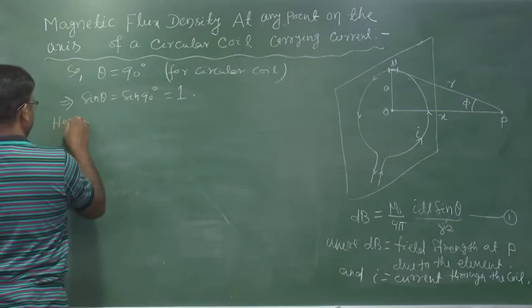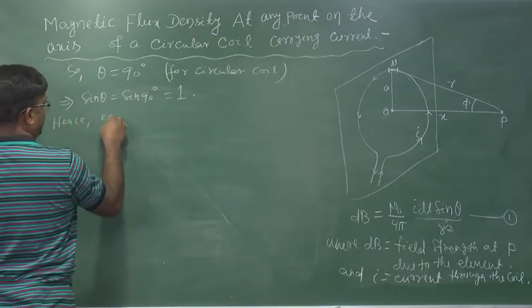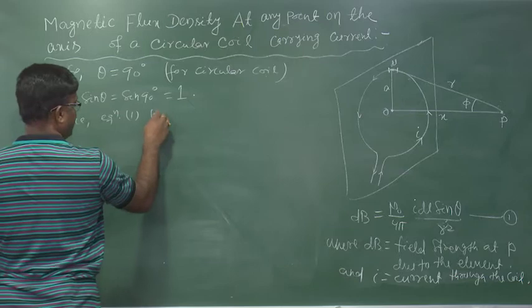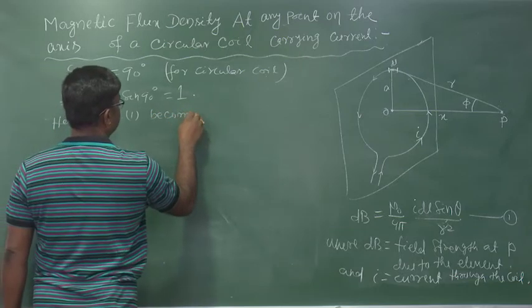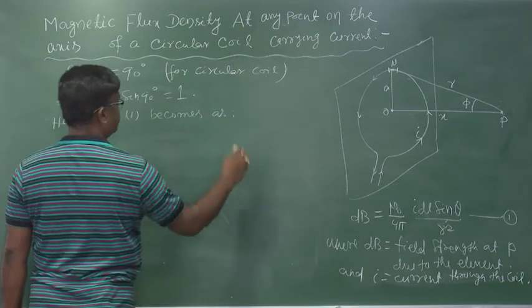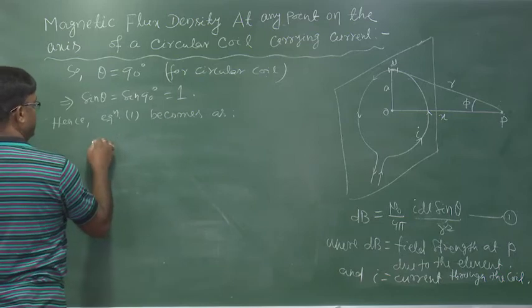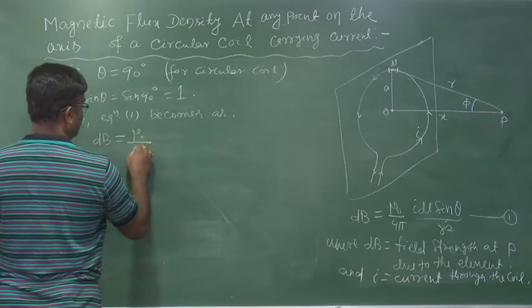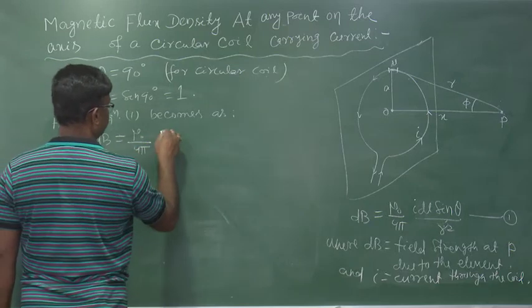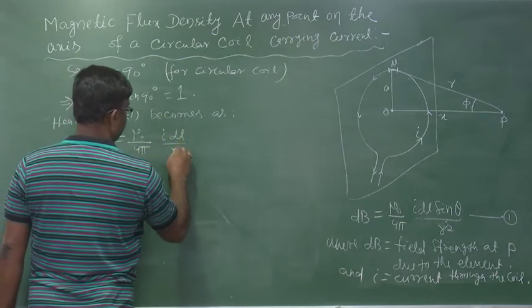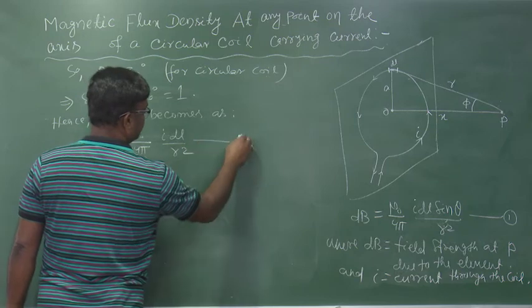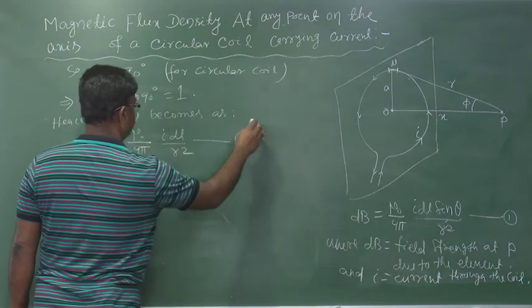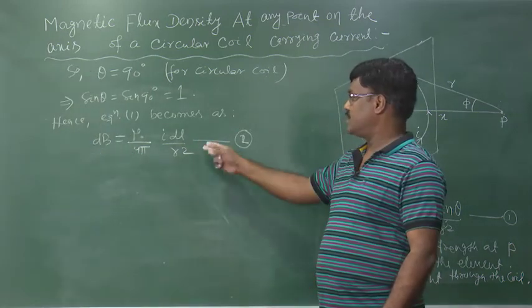Hence, equation 1 becomes dB is equal to mu 0 by 4 pi I dl by r square. This is equation number 2.